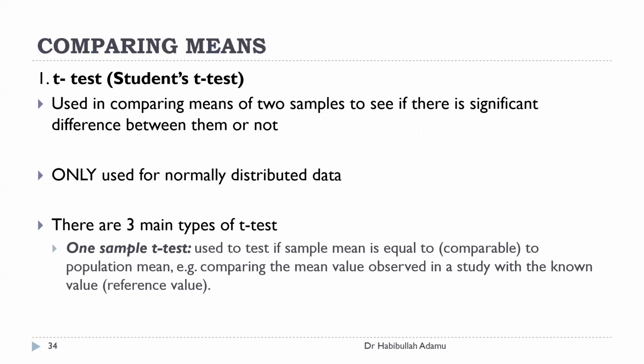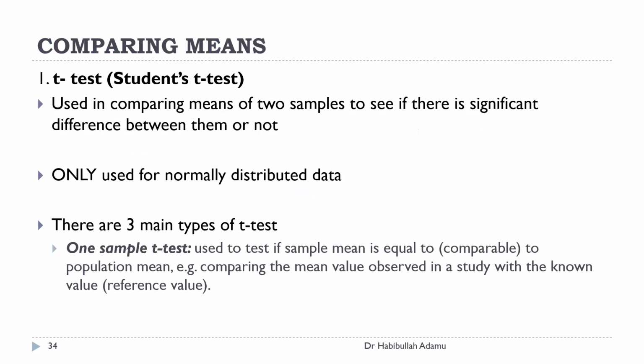So let's look at comparing means. Sometimes we carry out research and we have several mean values, and we are required to test whether there is a significant difference between the mean values or not. Sometimes the difference might be because we have carried out an intervention.